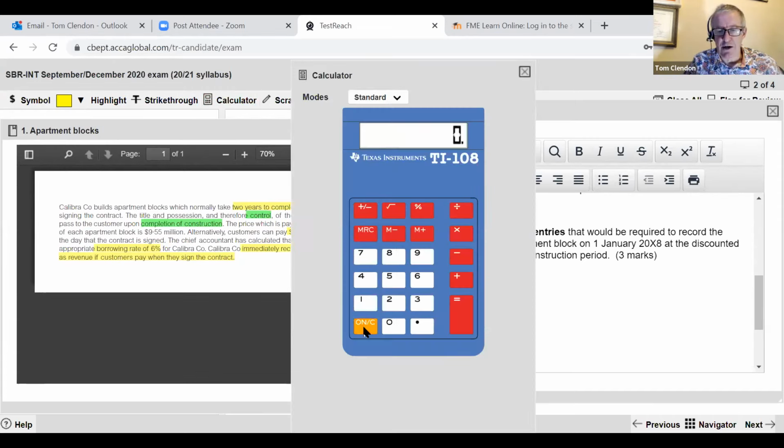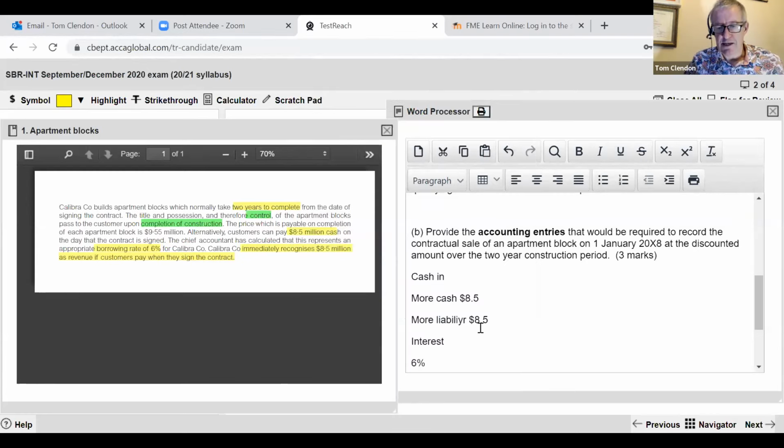So we can use our calculator and we can take 6% on 8.5. And if we take 6% on 8.5, we then get 0.51. So we get 6% on 8.5, and that gives me 0.51.